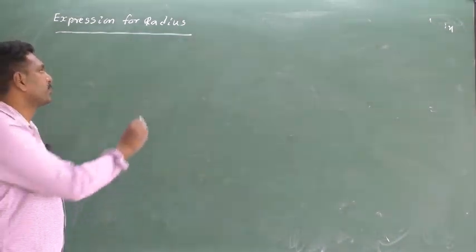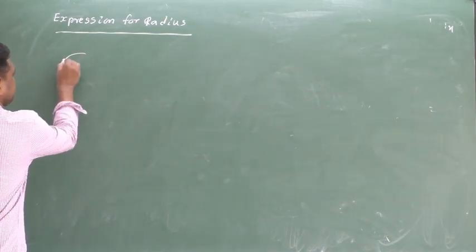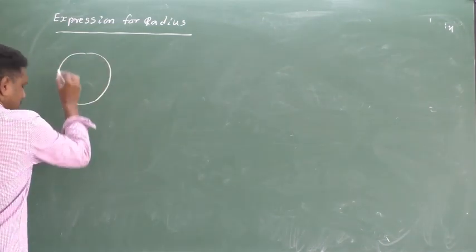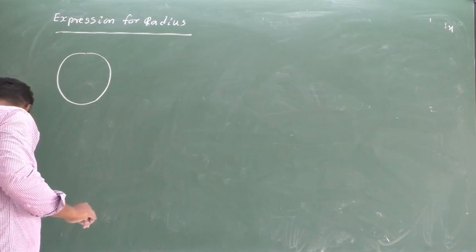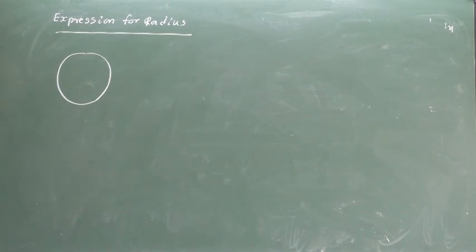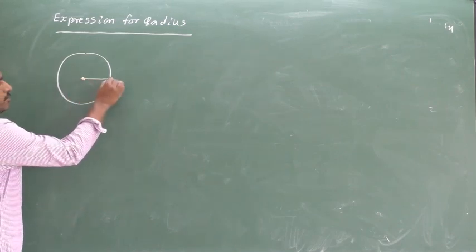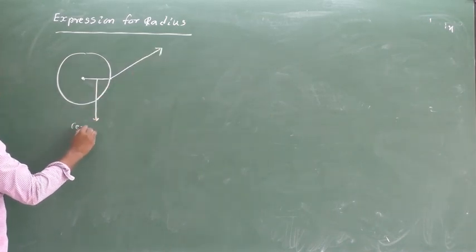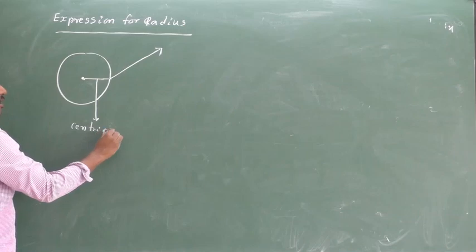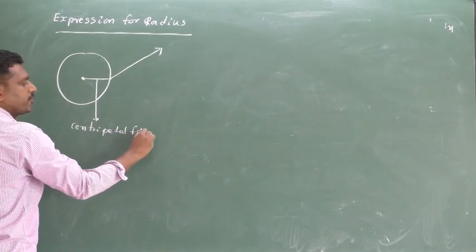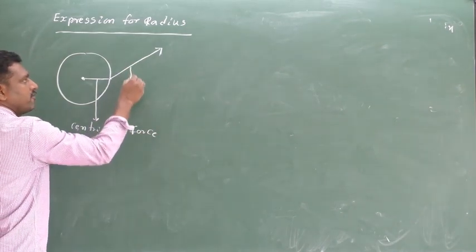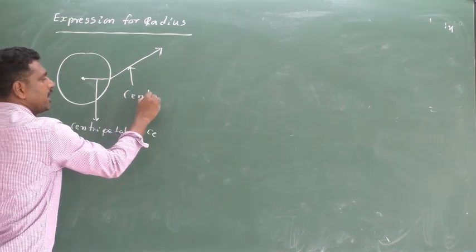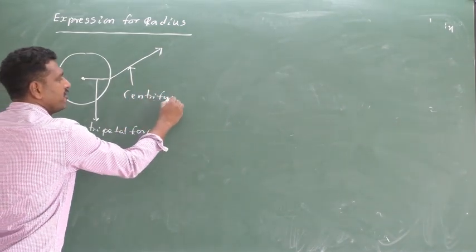Derivation is there. So here, on an electron, two forces are acting. You know that one. One force is called centripetal force, and one more force is centrifugal force.